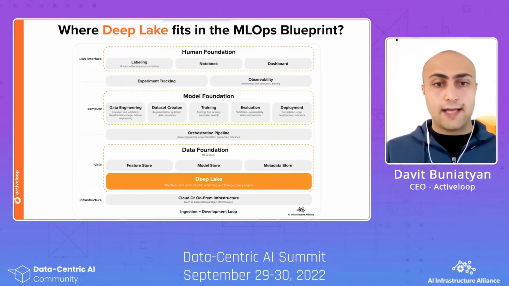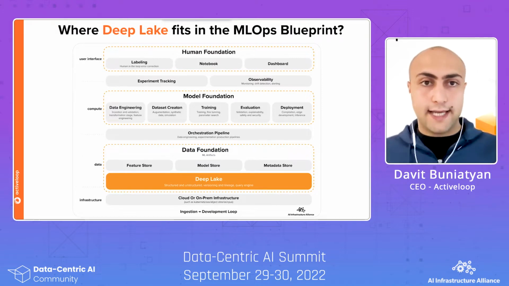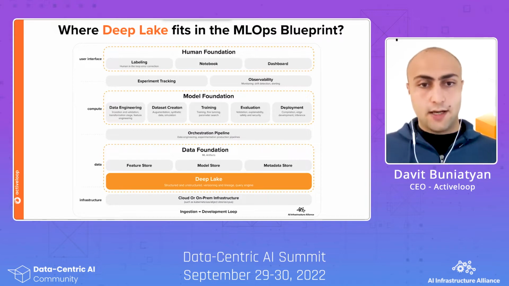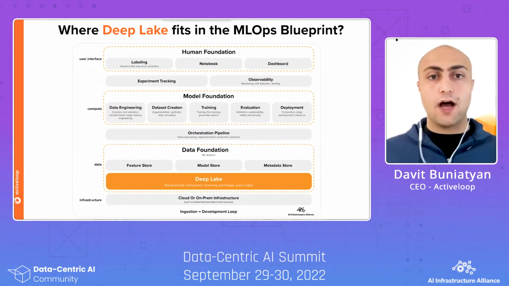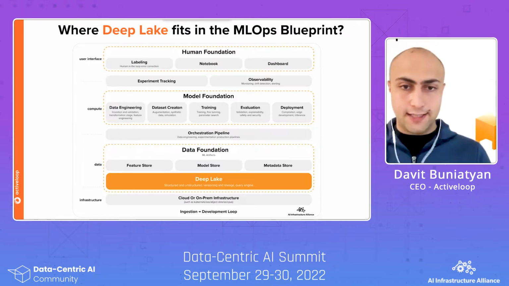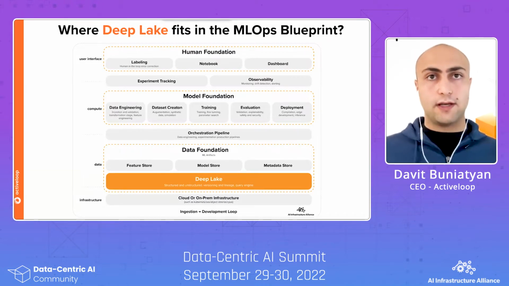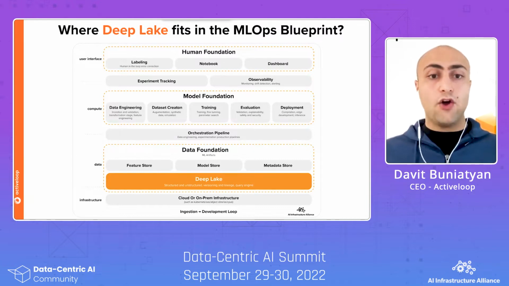And you can see on the data foundation part where you have a need for a data lake and data warehouse, we introduce Deep Lake, which takes all the responsibility for maintaining structured and unstructured datasets, having data lineage, and then very efficiently running queries and streaming to the rest of the tools so that you can do the processing in a very efficient manner for deep learning and unstructured data processing.